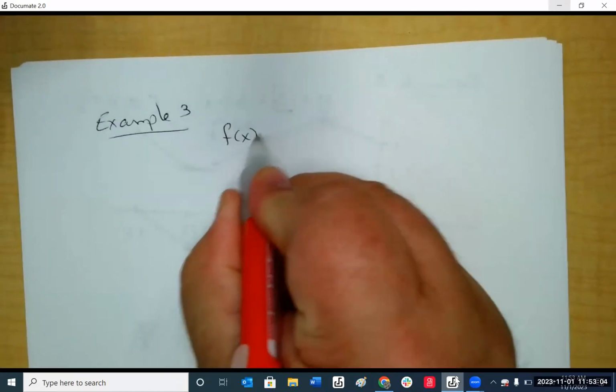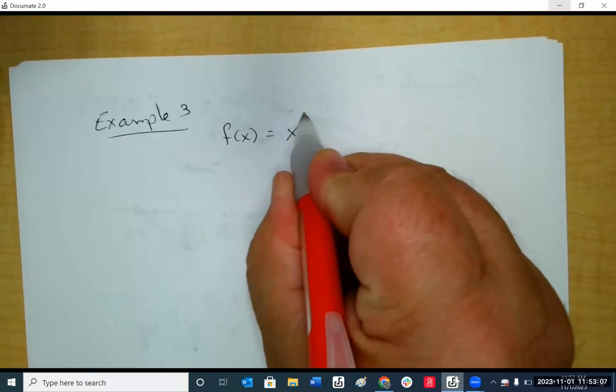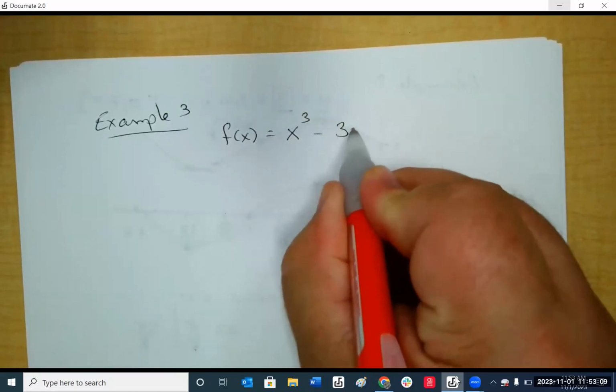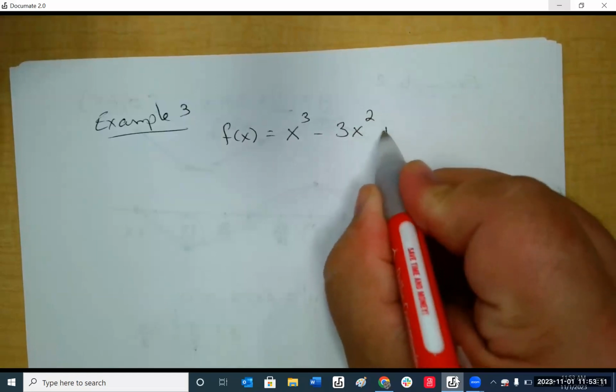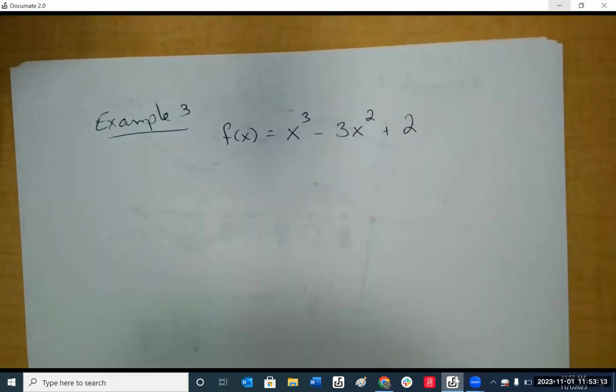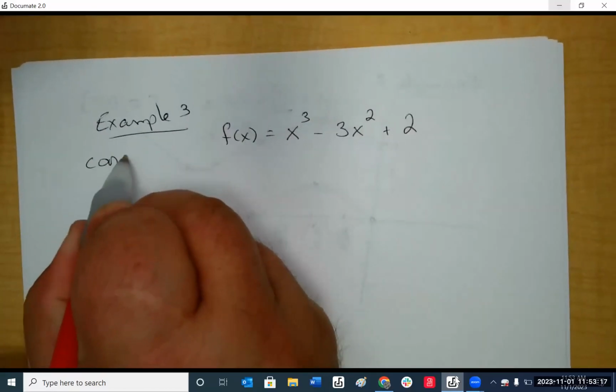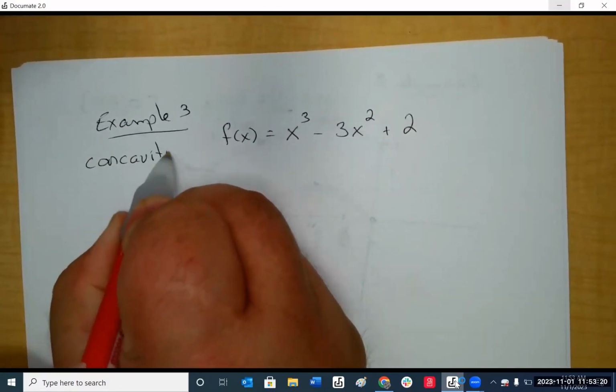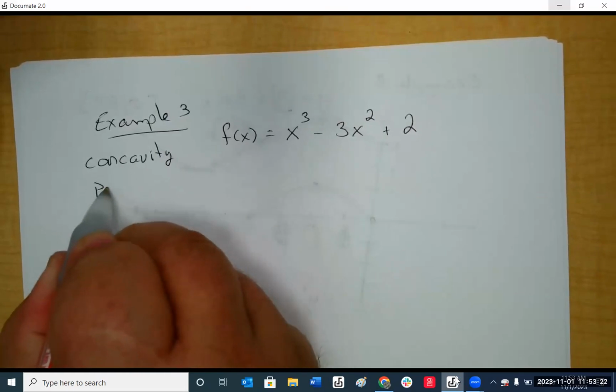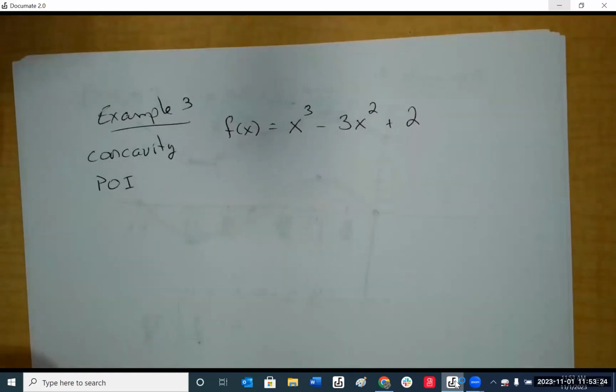So that's our function, and we need concavity and point of inflection.